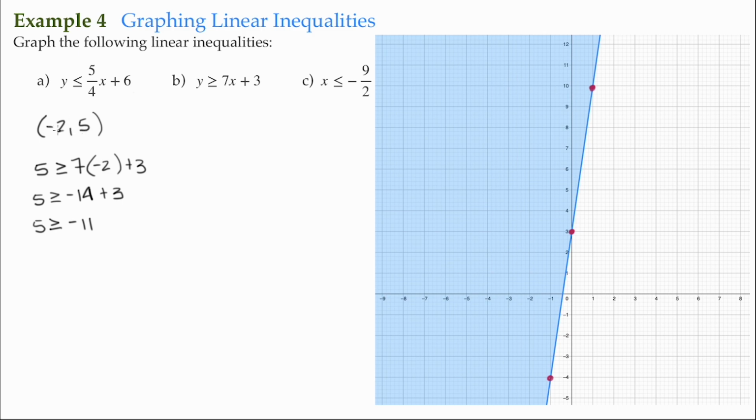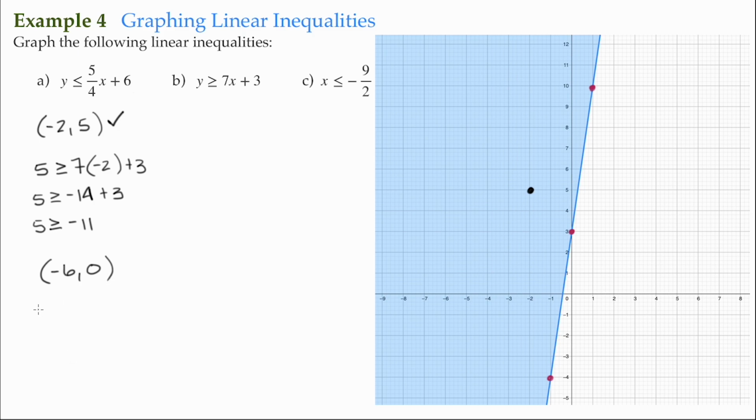So if I take a look at where -2 and 5 comes in, here's -2, 1, 2, 3, 4, 5, and here it is right here, well within our region. Of course, we went ahead and confirmed it. We can try another one. Let's keep it a little simpler, maybe -6 and 0.